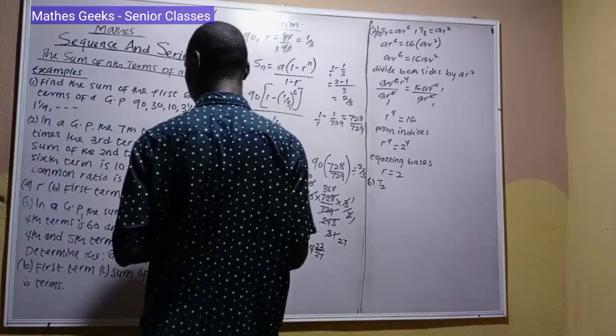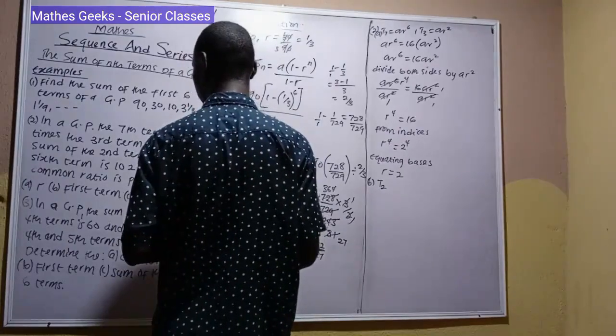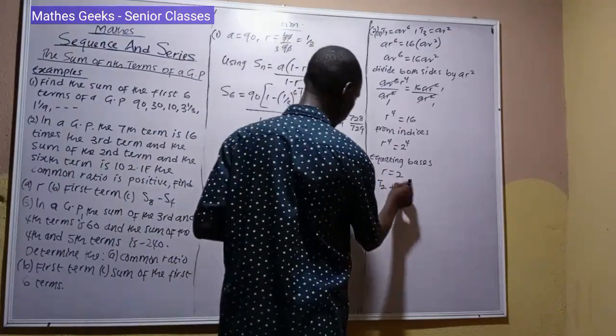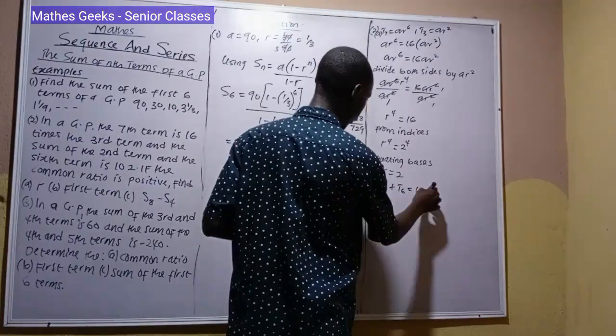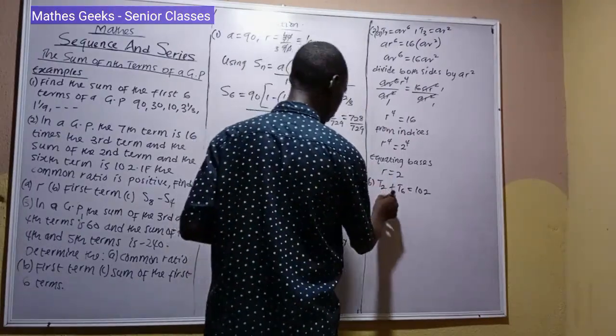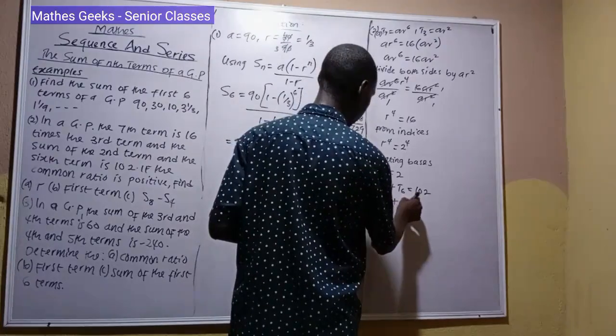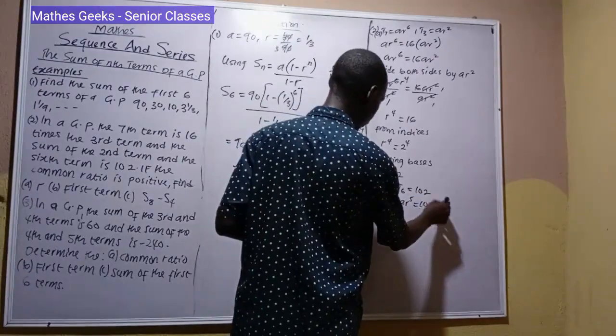T2 plus T6 is equal to 102. So ar plus ar raised to power 5 is equal to 102.